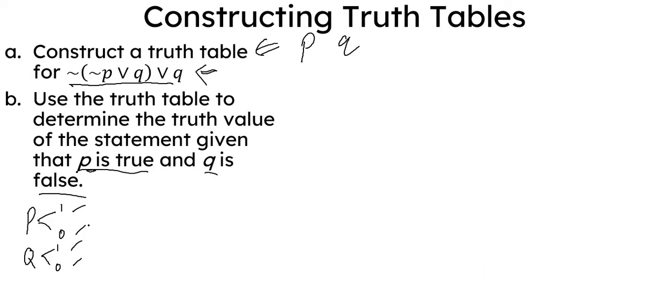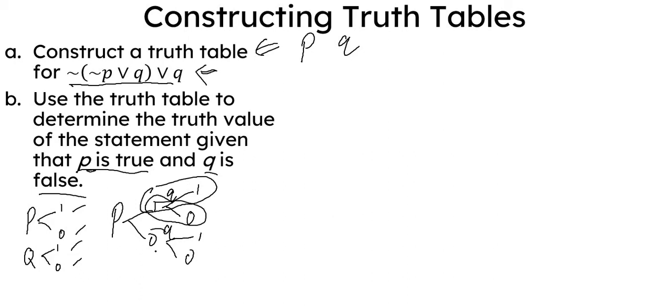If P is true, Q can either be true or false as well. And if P is false, Q can be true or false as well. So I have 1, 2, 3, 4 situations where I would have the truth value of this entire statement.